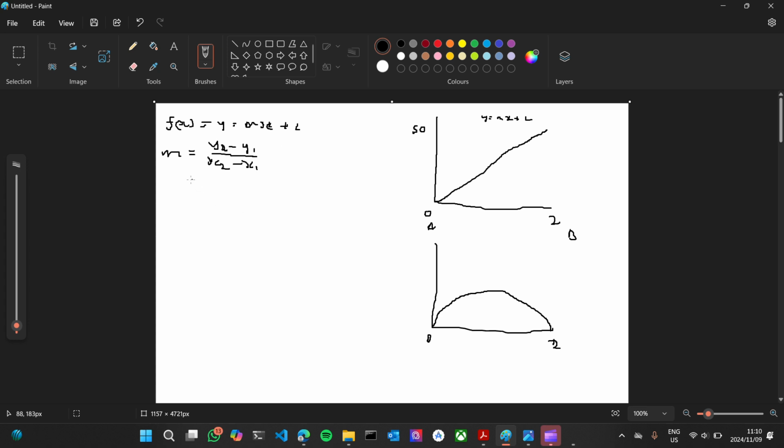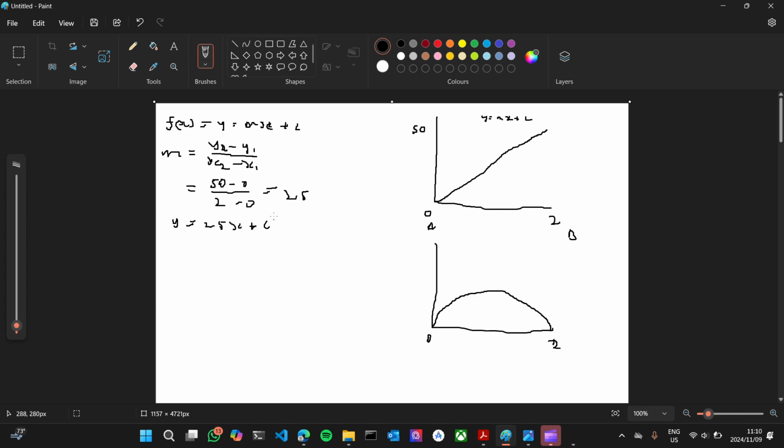Okay, then y2 is 50, y1 is 0, x2 is 2, x1 is 0. That's going to give us 25. Then we've got y is equal to 25x plus c.